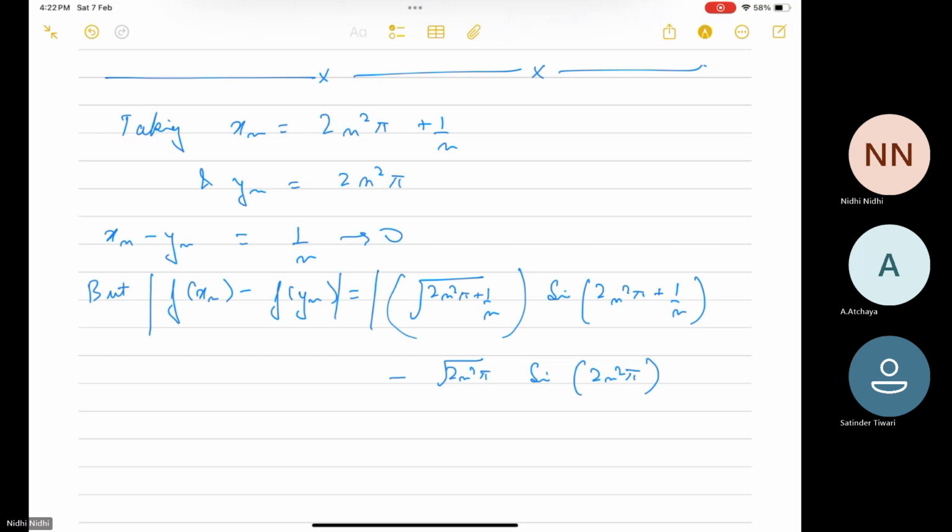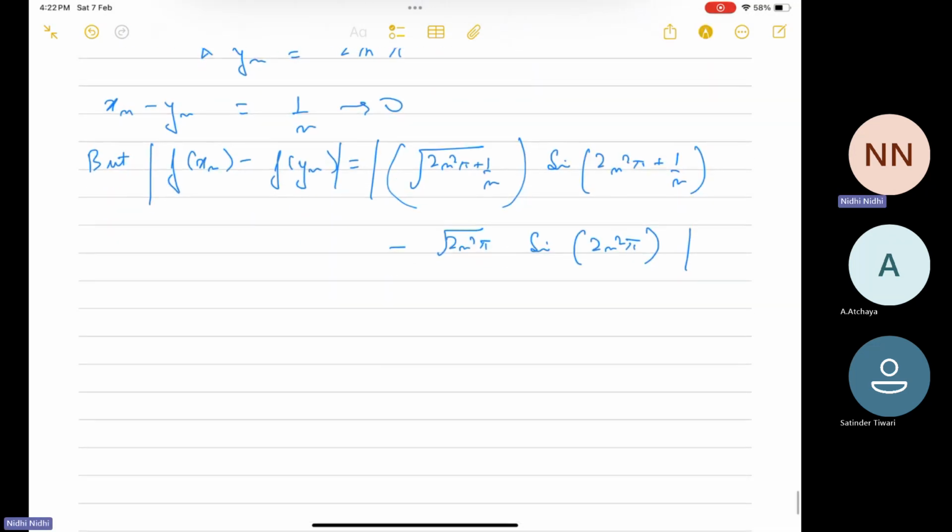We know that sine 2n square pi is always 0.